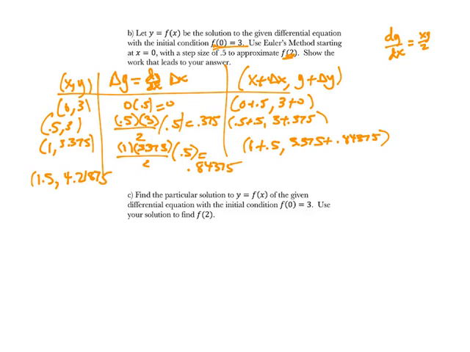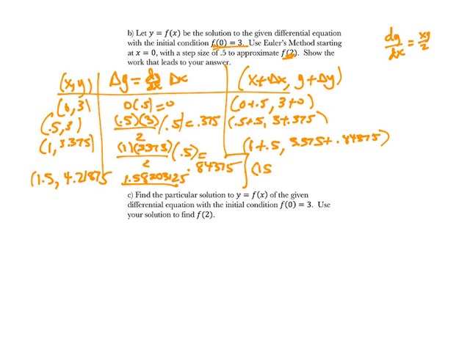Finding delta y, I'm not going to show the calculation. It's 1.58203125. You don't have to write that many decimal places. I just am, and you'll see why in a few minutes, I hope.